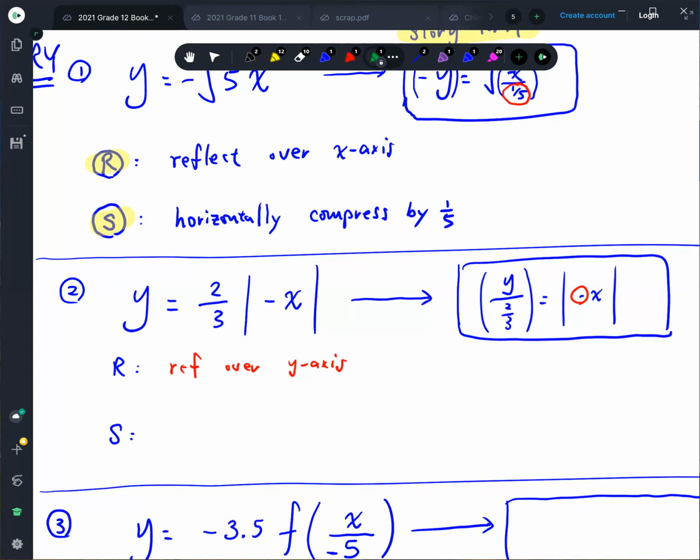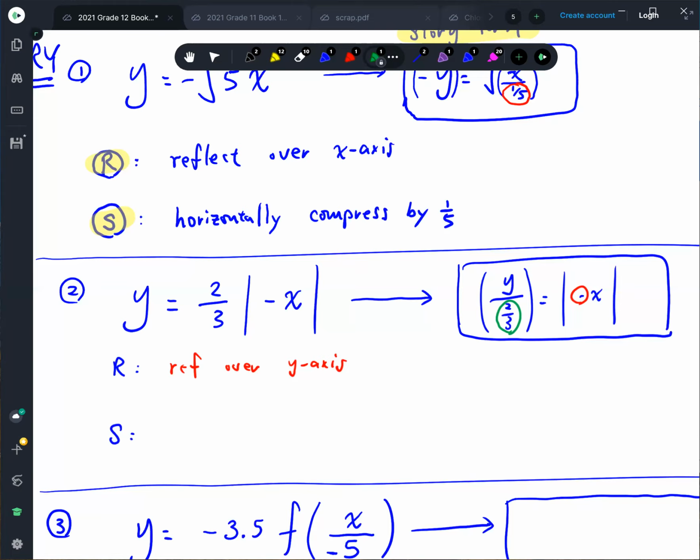You look at the fraction. Which fraction? Can you tell me the number? 2/3. Yeah, okay. So that 2/3 is under the Y. So what does that mean?